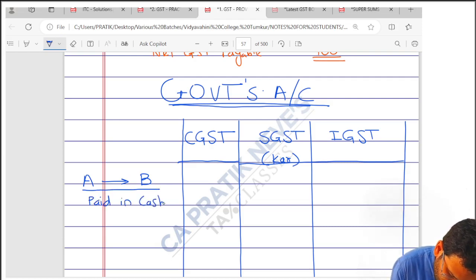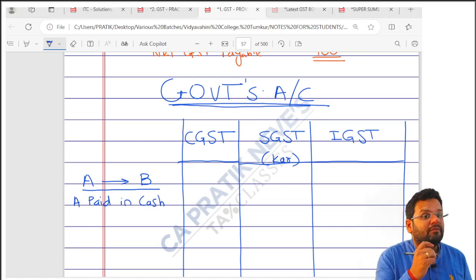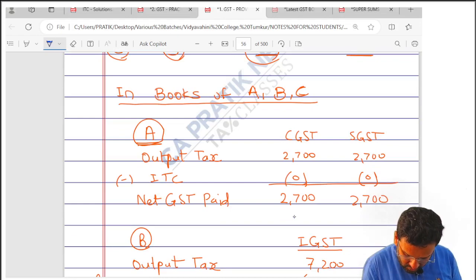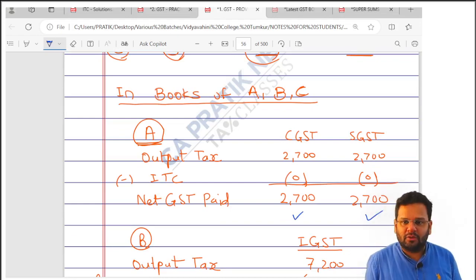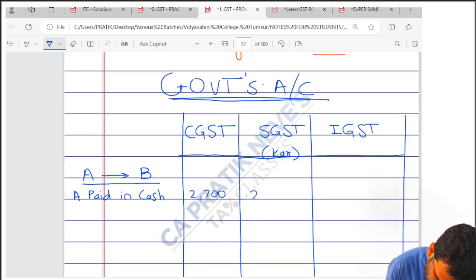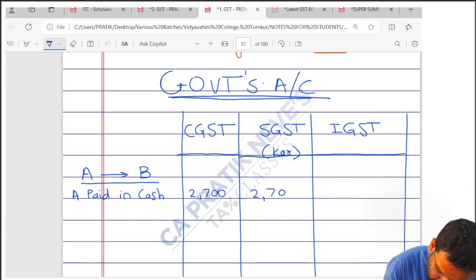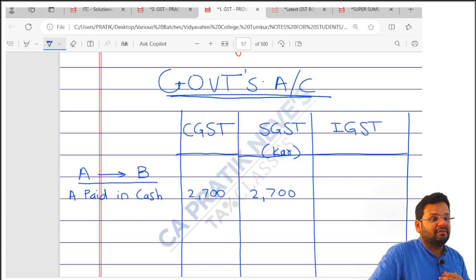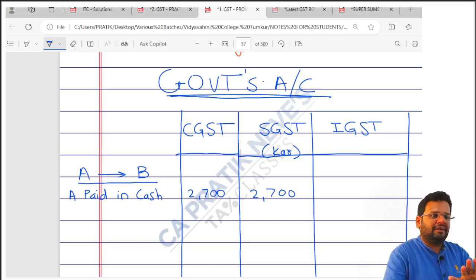Account wise. CGST of how much? 2,700. SGST of 2,700. Friends, pay attention. If B was end consumer, very important point, 50% would have gone to CGST, 50% would have gone to SGST of Karnataka, because B is where? Karnataka. The end. Happy.